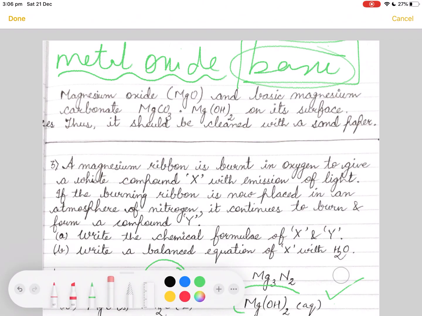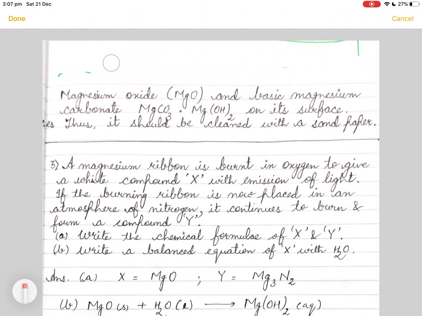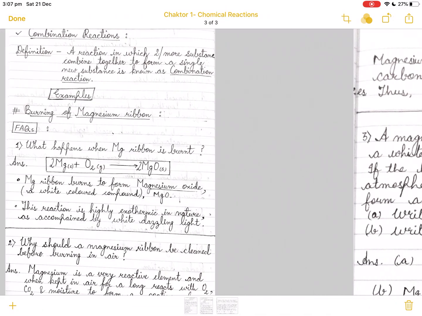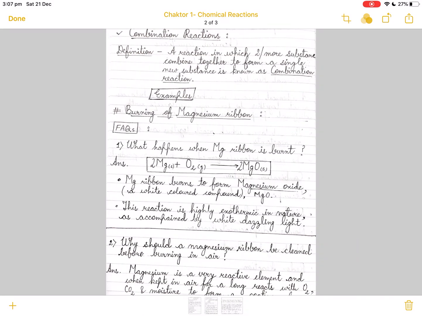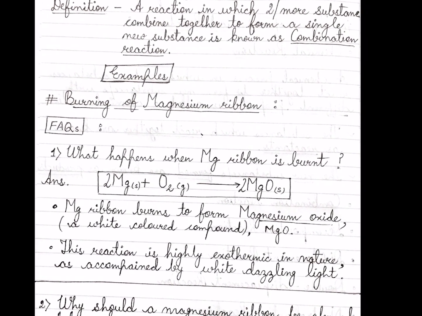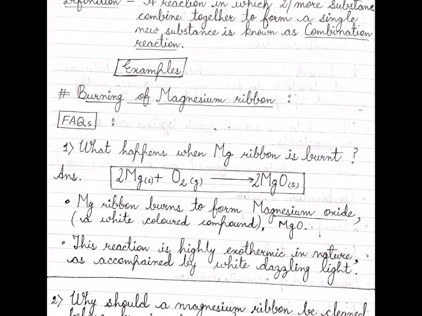Before I conclude my video, I would just like to give you a recap of what I did with you. So let us go back and see. Here we have simply discussed the different types of reaction, but this video was emphasizing more on the combination reaction. We discussed its definition, and then we had the examples.